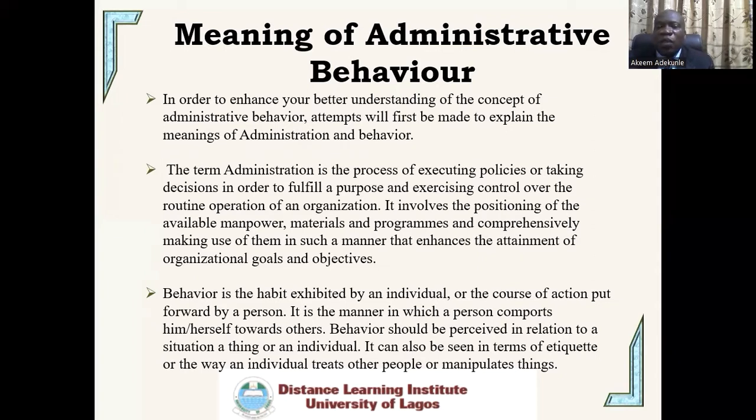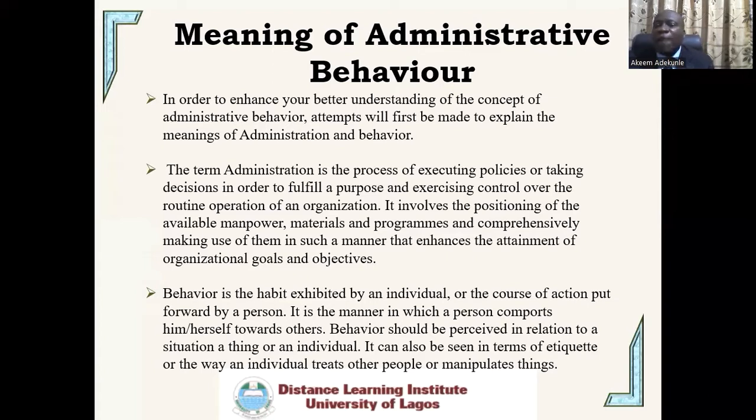And when we talk of behavior, behavior is talking about the way in which an individual acts, conducts oneself, especially towards others. And it is the habit that is exhibited by an individual or the course of action put forward by a person.